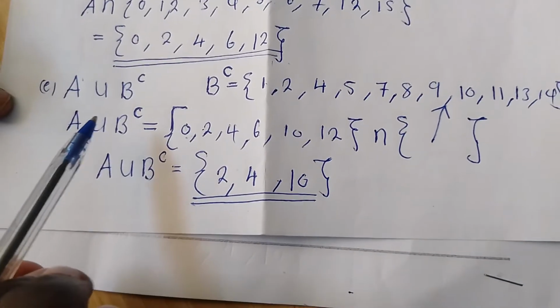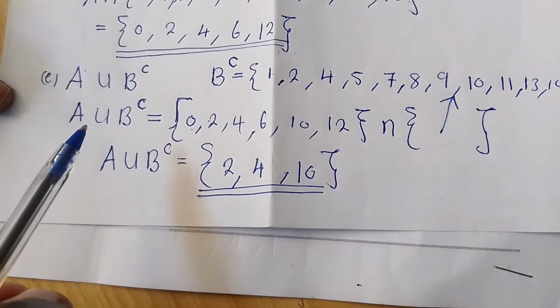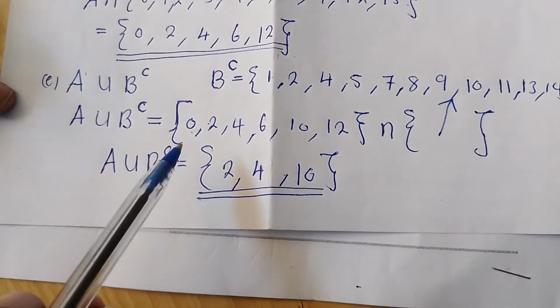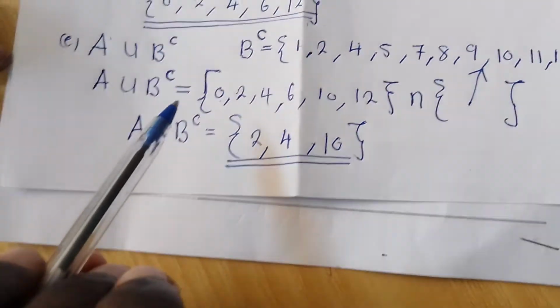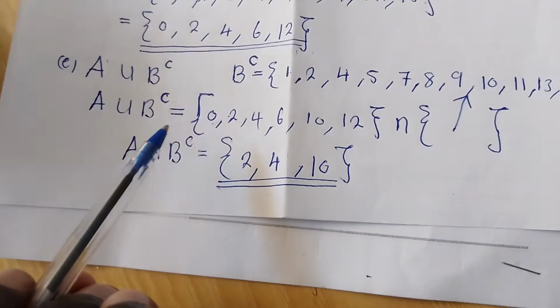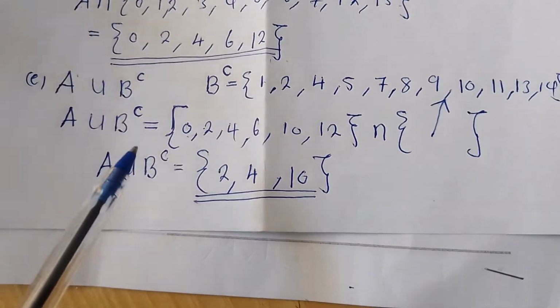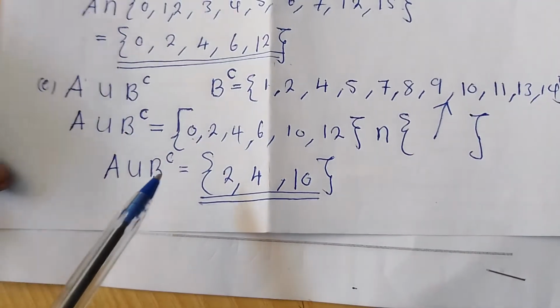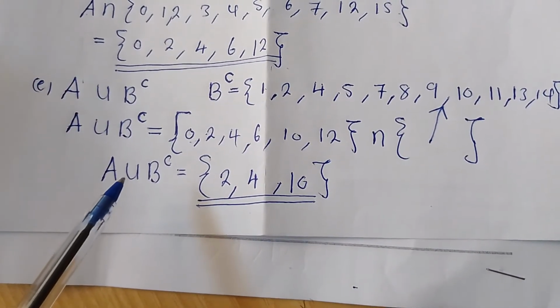That is what you are going to remain with. In other words, a complement simply means outside of something. So when you cover B, whatsoever remains outside, you put together and use it to find the answer.